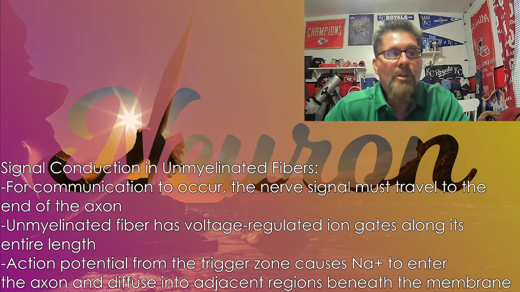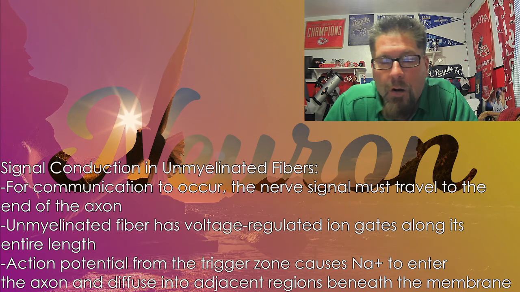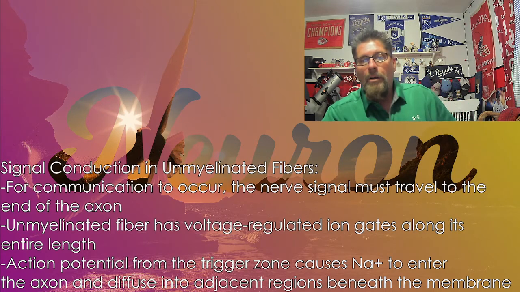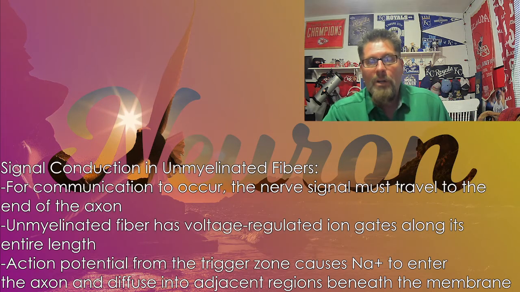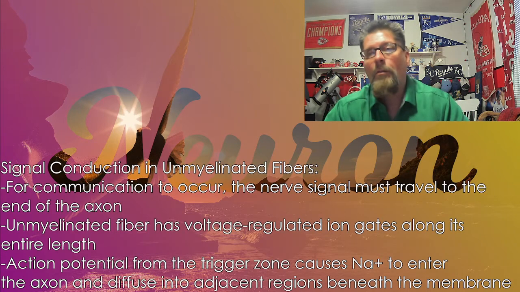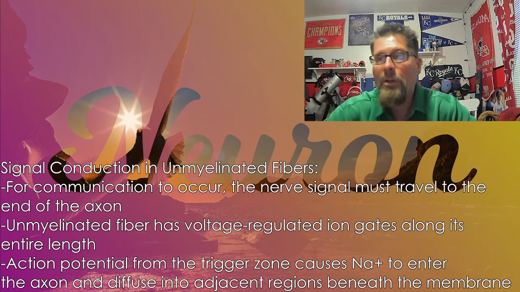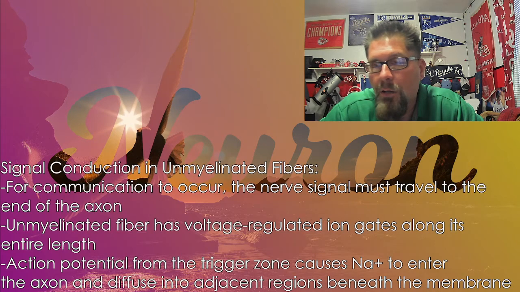So we've mentioned in the past that myelinated or unmyelinated affects the speed of the signal, and we're going to talk about why that is. First of all, an unmyelinated fiber, one way to protect itself, has gates that limit or regulate the voltage. If you know anything about electricity, that's similar to a resistor.